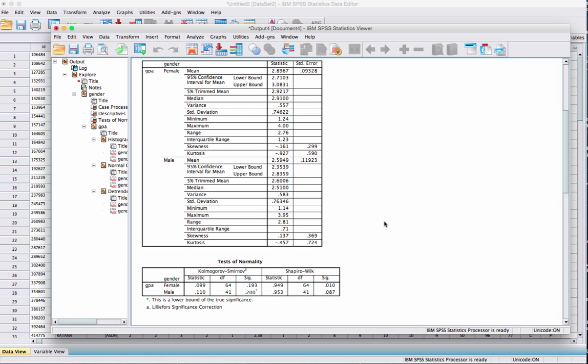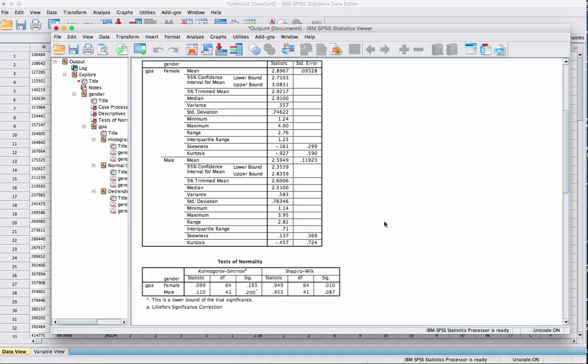And if you recall from the Warner text, and I think there's other resources, values that are above +2 or below -2 are problematic.